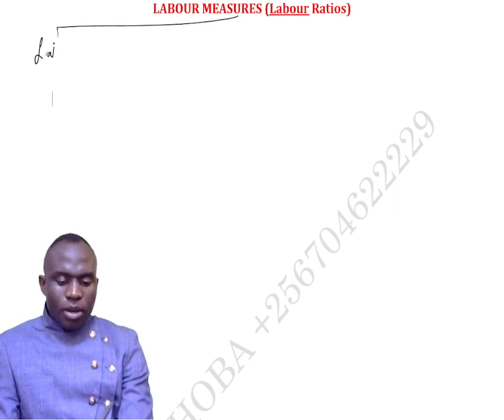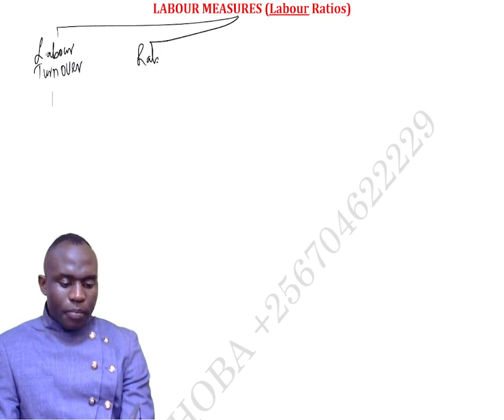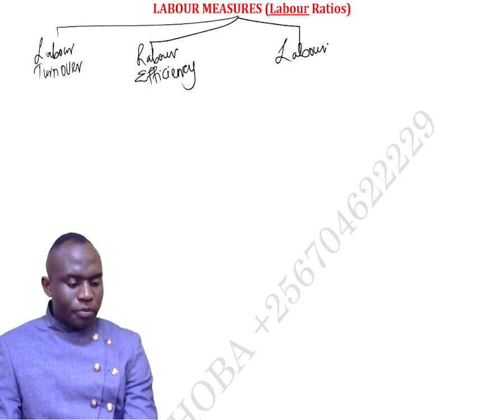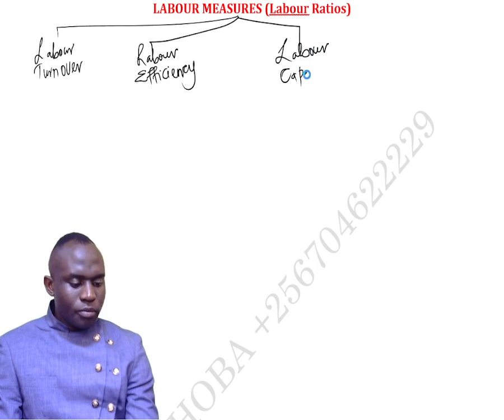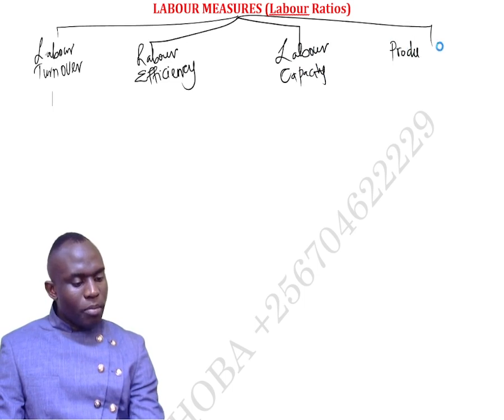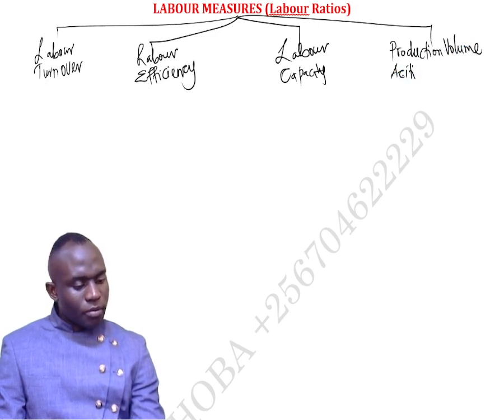We have labor turnover, we have labor efficiency ratio, we have labor capacity ratio, and finally we have the labor production volume ratio, or some books call it activity ratio.